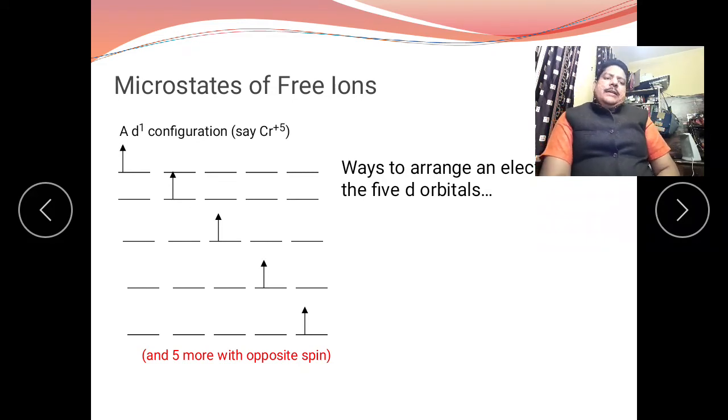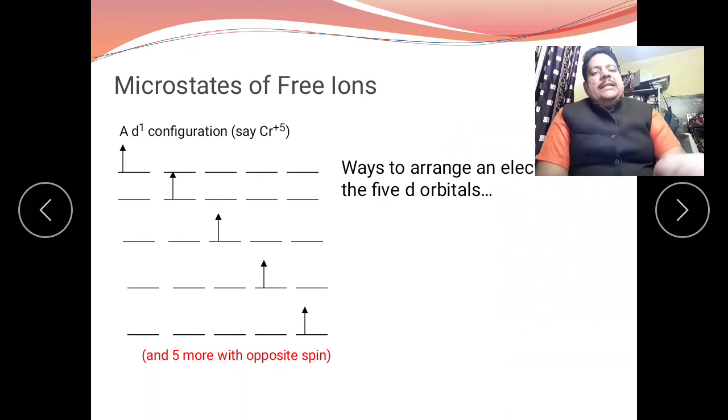Now you can consider the energy level of these 10 configurations. According to the Schrodinger wave equation, you know that the energy of +½ electron and -½ electron are the same, and we also know that all these 5 orbitals are degenerate orbitals.